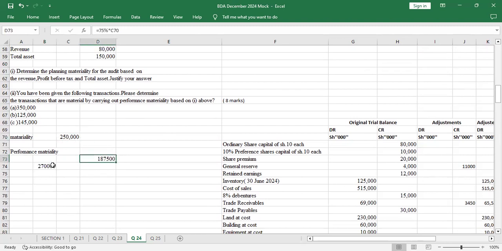So that tells you that all these values are material. All these values are material. And that is the reasoning as per my explanation.